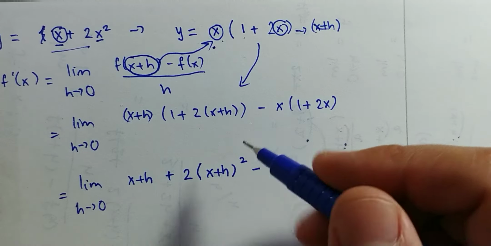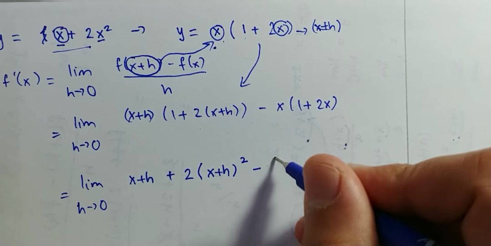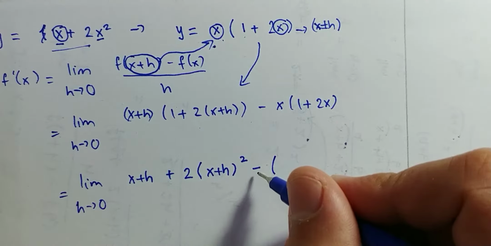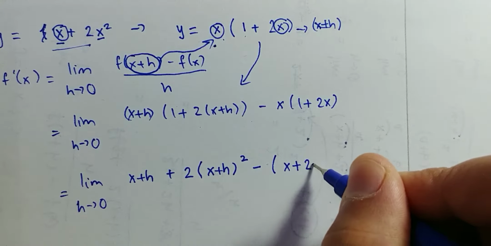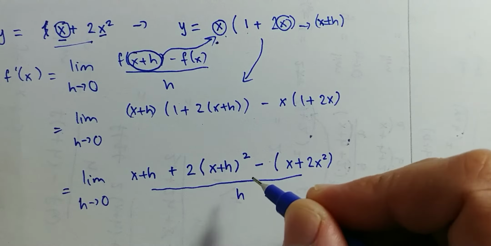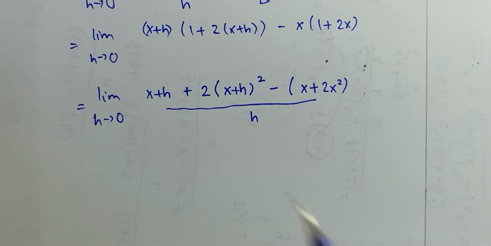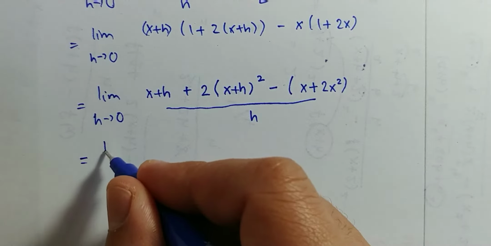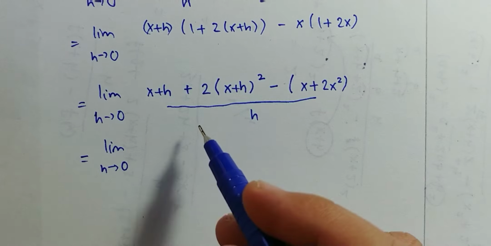F of x is just that, but because there's a minus in front here, I have to put the bracket around it, all over h.